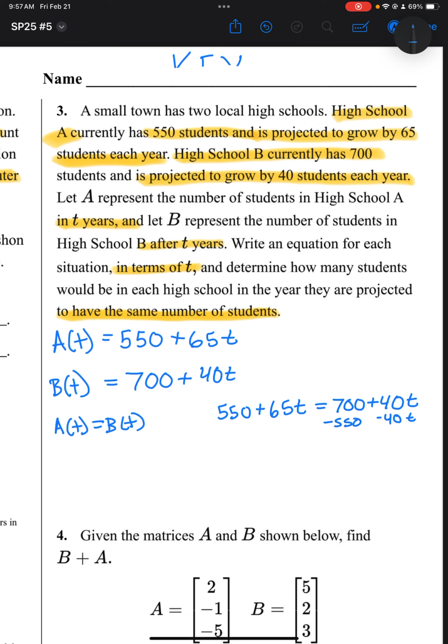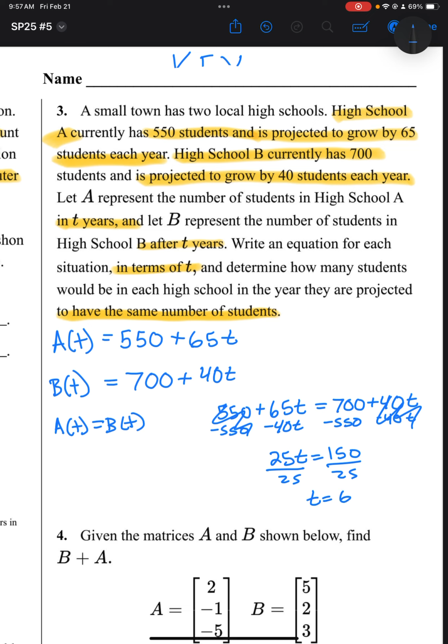But basically we're going to subtract 40T from both sides and then subtract 550 from both sides. You'll see what it's going to become. So basically this crosses out, and then we have 25T equals 150. You would do that in two steps, but I just did it in the one because I don't have enough room.